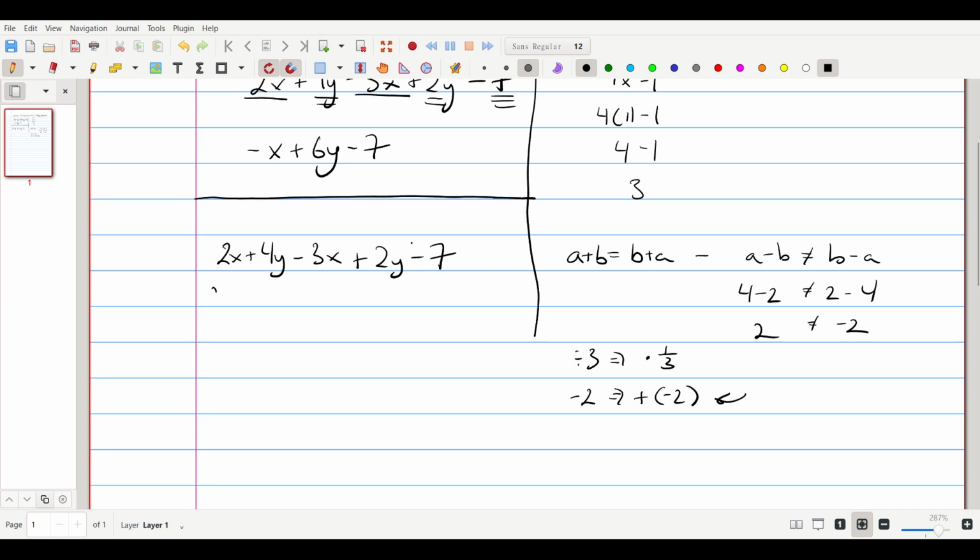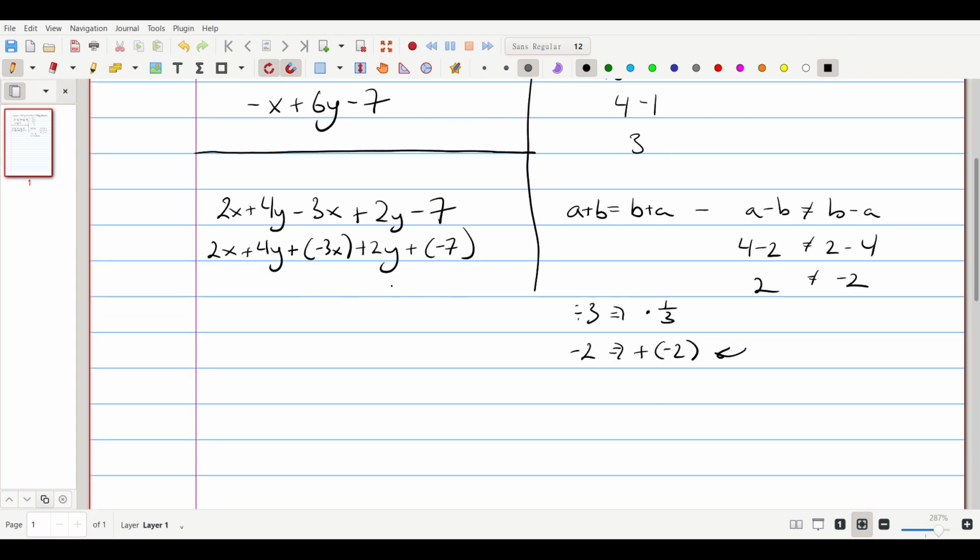So this one's already positive, so 2x, that's fine. Well, 4y is positive, it's already a plus. But here we have a subtraction, so what I want to change this to is plus negative 3x. This one's already positive, so that's cool. And then this one I'm also going to change, though it might not come into play in this exact expression.